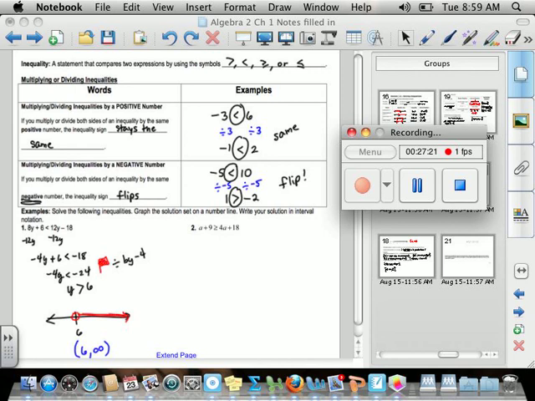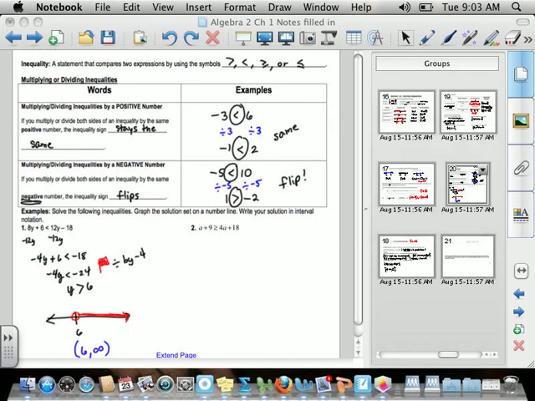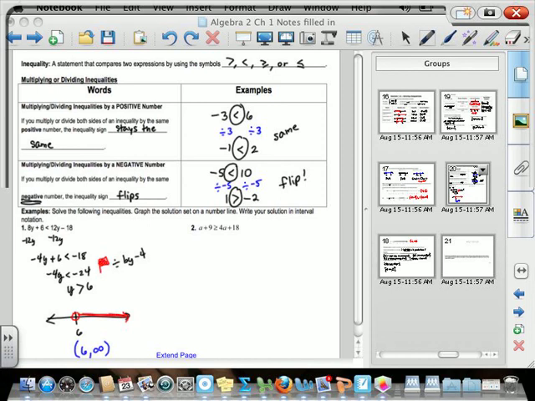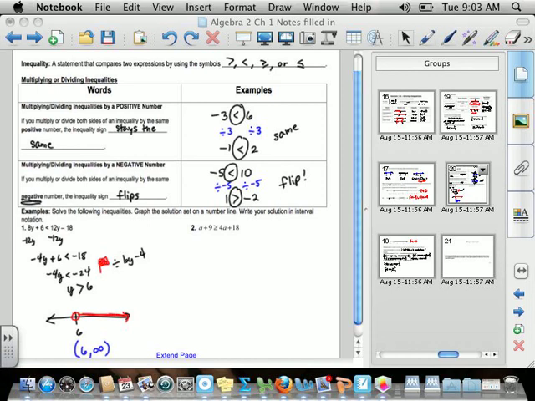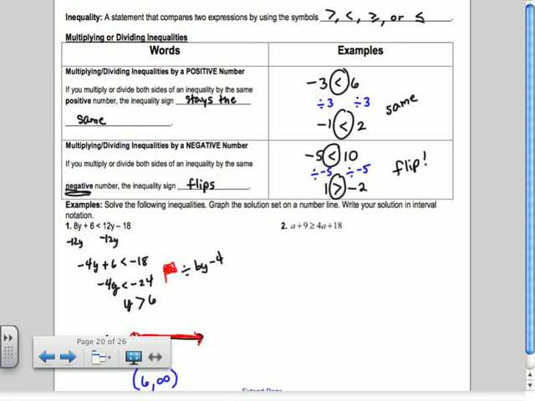All right, so on the next one, so I have a plus 9 is greater than or equal to 4a plus 18. So you can do this 2 different ways. You can get the 4a and you can subtract it over. So when you do that, you'd have negative 4a, negative 4a. So I get negative 3a plus 9 is greater than or equal to 18.